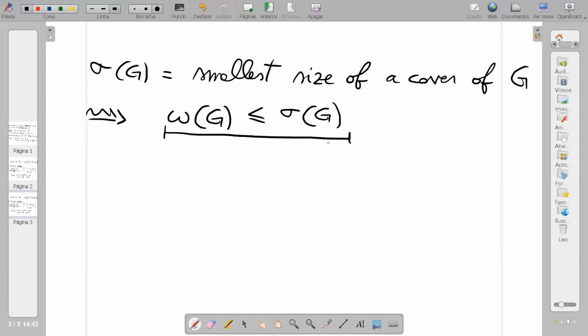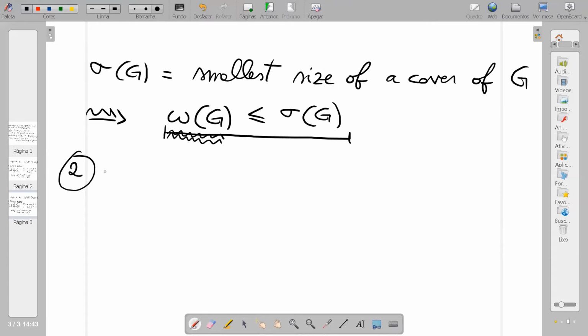So we have an interesting inequality which also already allows us to study this number, omega of G, the largest size of a pairwise generating set. And so you see that this kind of covering problems have to do with generation.